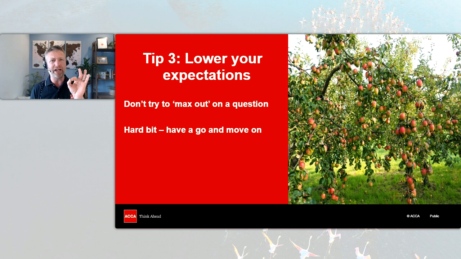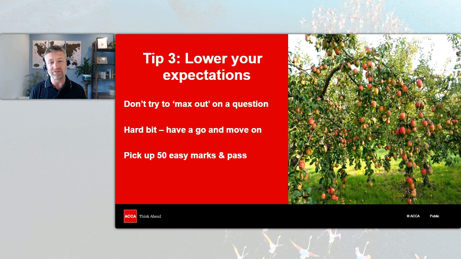But if you don't earn any marks and you move on quickly, you can earn enough marks elsewhere to pass the exam. But if you get stuck in the hard bit and you spend ages earning no marks, then that can throw you off and mean that you don't pass the exam. So if something's difficult, have a go at it and then move on to somewhere where you're more comfortable.